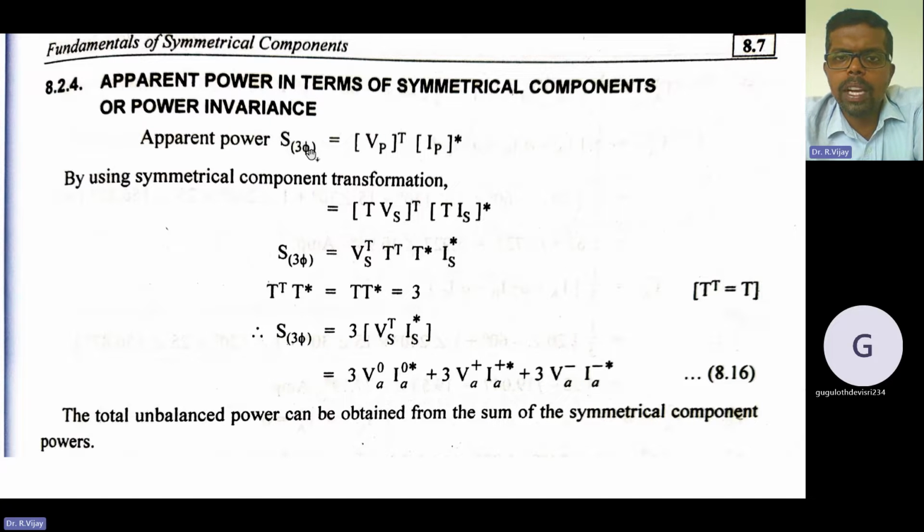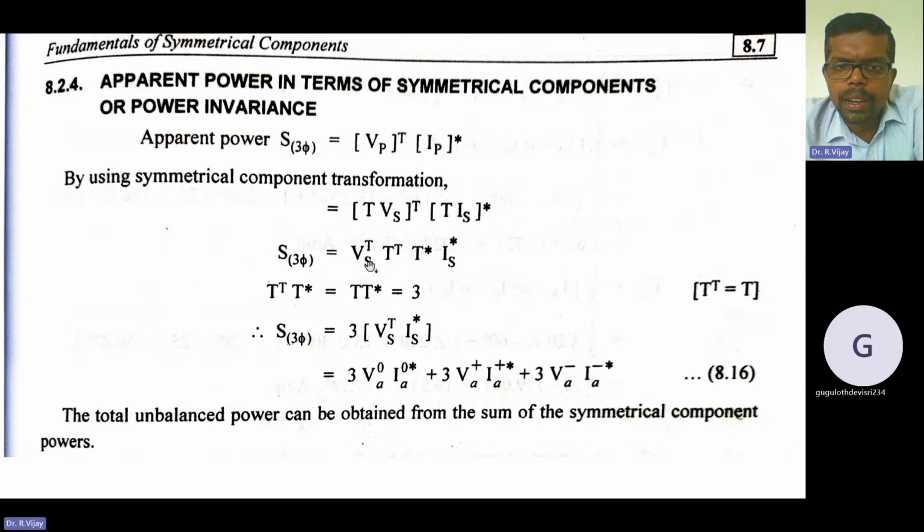Here also we are rewriting in terms of a single phase. Vp transpose equals T into Vs transpose, because you already know Vp is equal to T into Vs. Here Ip is equal to T into Is from the previous formulation, star.